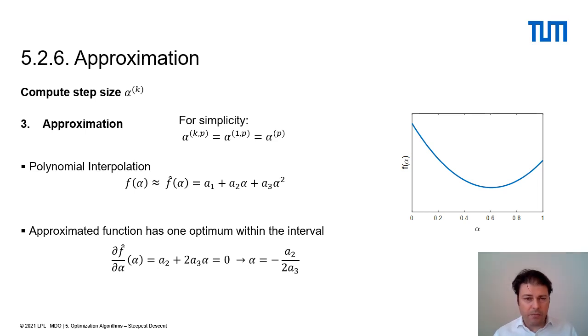And the better informed analysis would be to approximate the location of the optimum within your interval using a polynomial interpolation method. Okay, and that's based on the assumption that your function can be fairly well approximated by a parabola.